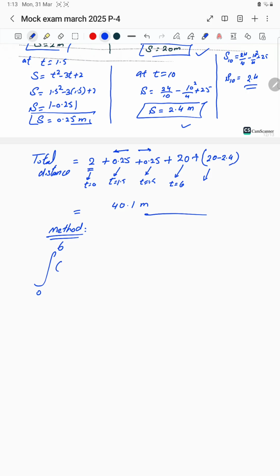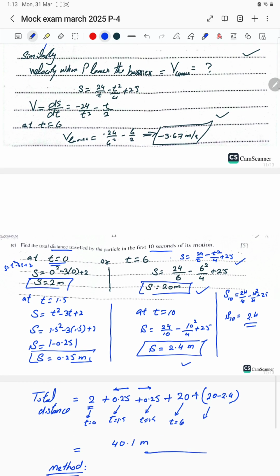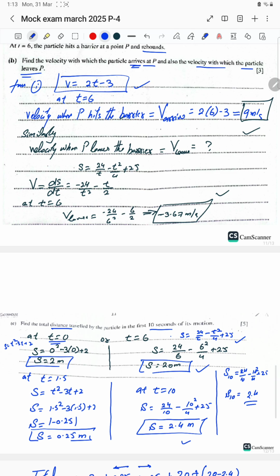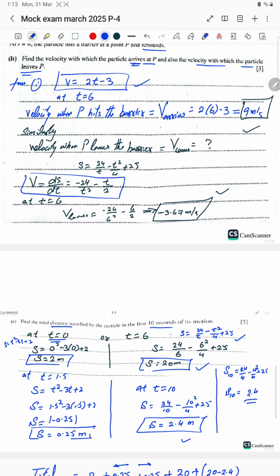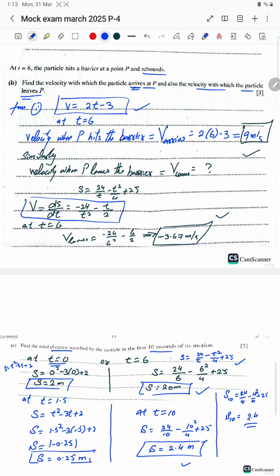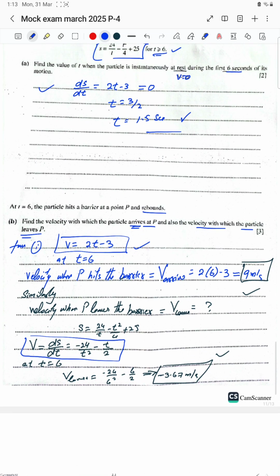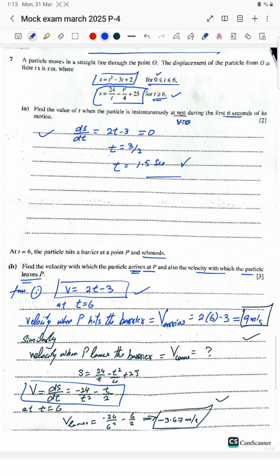You can integrate 2t minus 3 dt to get this result for this case. And for more than 6, we have done this one, V, plus from 6 till 10.